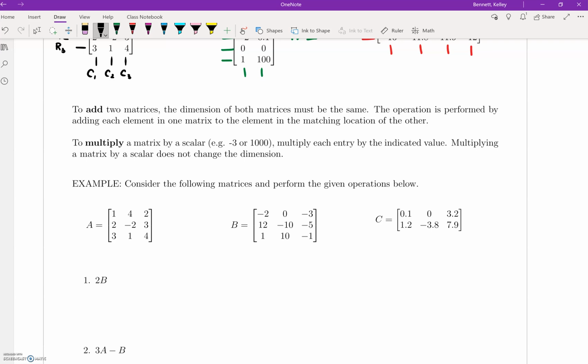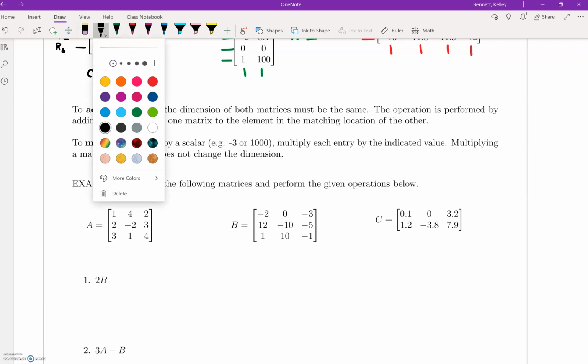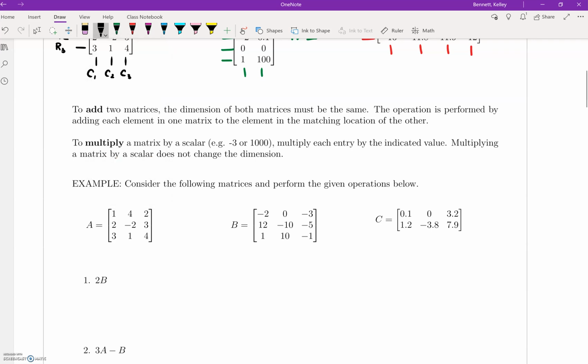For the first one, 2B, each entry gets multiplied by 2. So we have our original matrix, and I'm writing this right to left, which is kind of backwards, but just copying down all the entries.